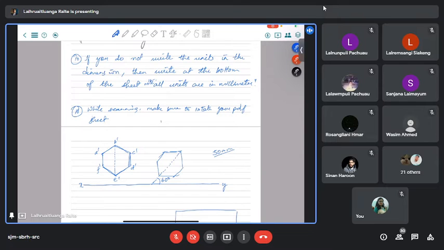Coming on to the second sheet, as I told you before, only the remark and the page number. Page number is always important for us to check whether you have skipped a sheet or not. So the page number is always important. Okay. And the question, yes, some of you forgot that.